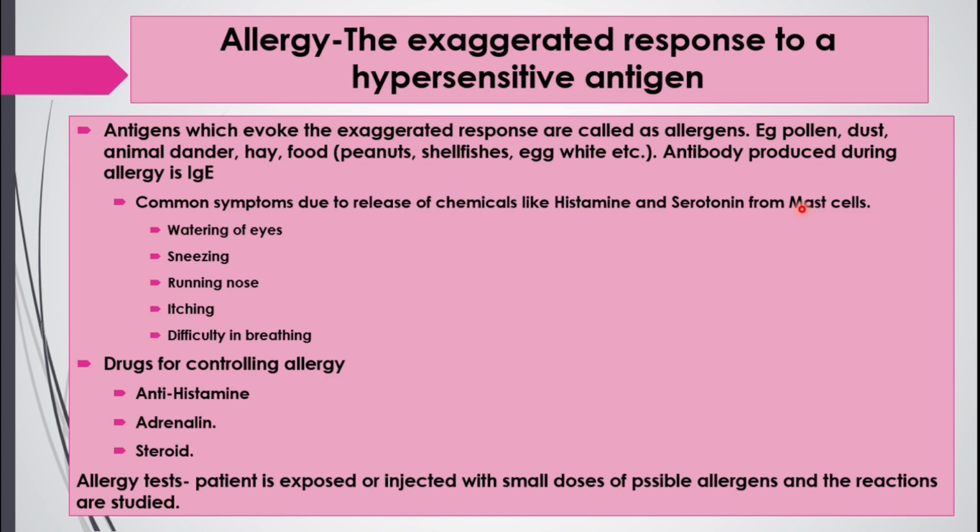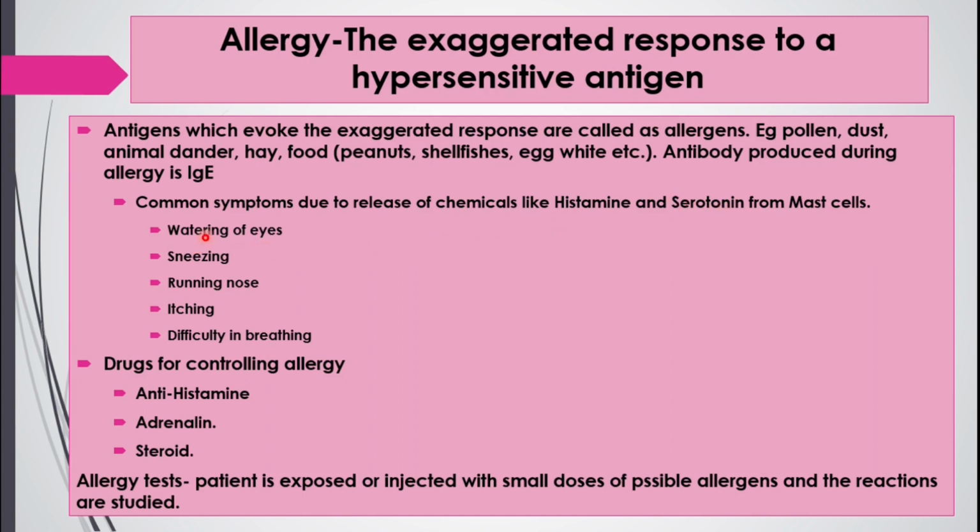So the body is first sensitized. The second or subsequent exposure to the same antigen will cause the antigen-antibody bound mast cell to burst, and certain chemicals like histamines and serotonins are released from the mast cells. So this happens only in the second exposure.